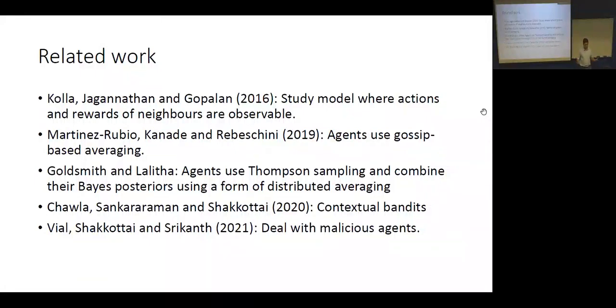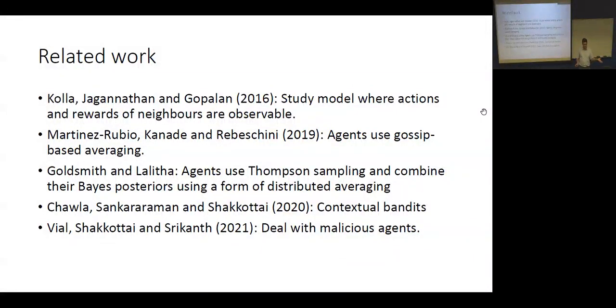So I'll finish with some related work and some open problems. Variants of multi-agent bandits have been studied. Kolla, Jagannathan, and Gopalan looked at a model where there's no explicit communication, but you can observe all your neighbors as well as yourself. So apart from the arm you play, you can see what your neighbors are doing and what reward they get.